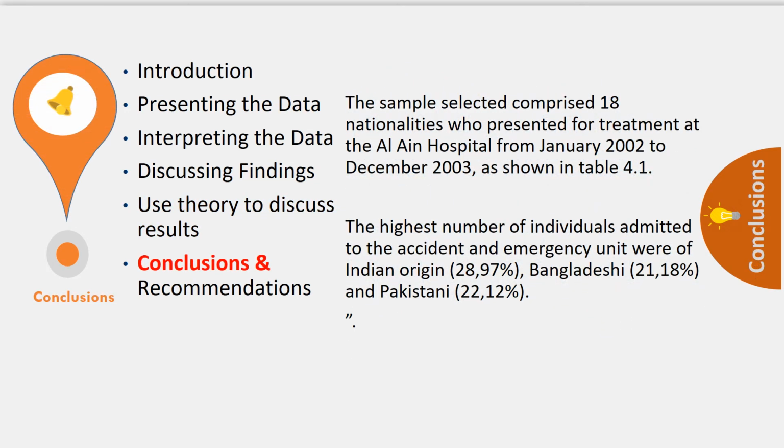Here's an example. The sample selected comprised 18 nationalities who presented for treatment at the Al Ain Hospital from January 2002 to December 2003 as shown in table 4.1. The higher number of individuals admitted to the accident and emergency units were of Indian origin 28.97%, Bangladeshi 21.18% and Pakistani 22.12%.